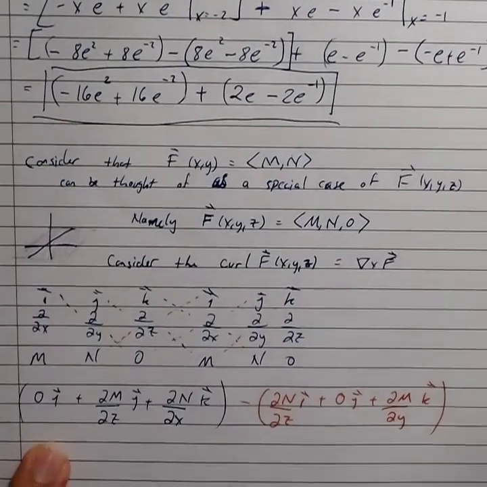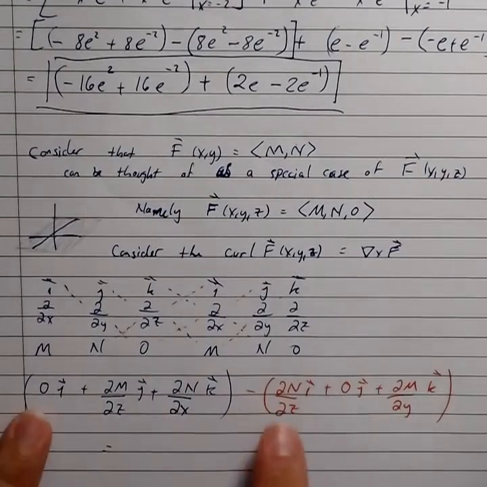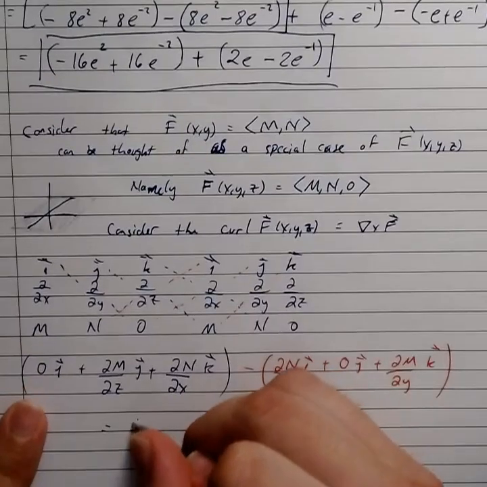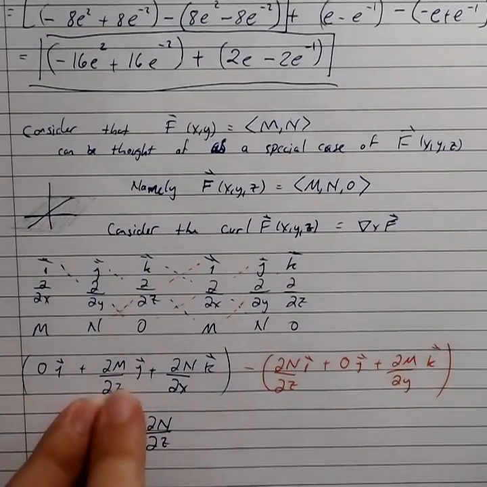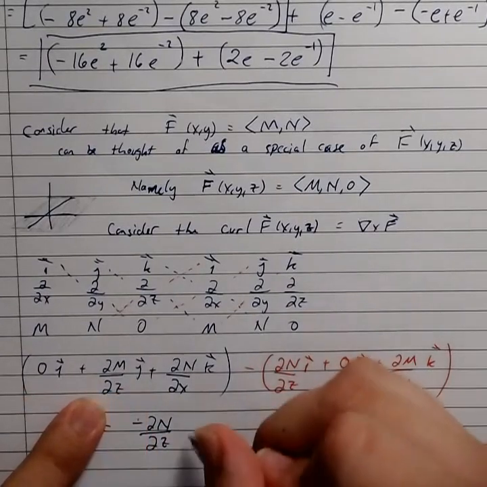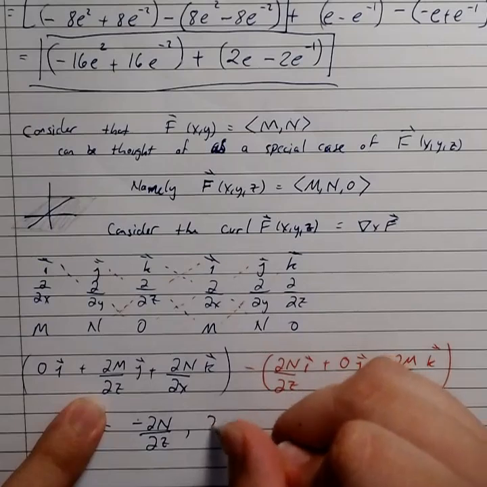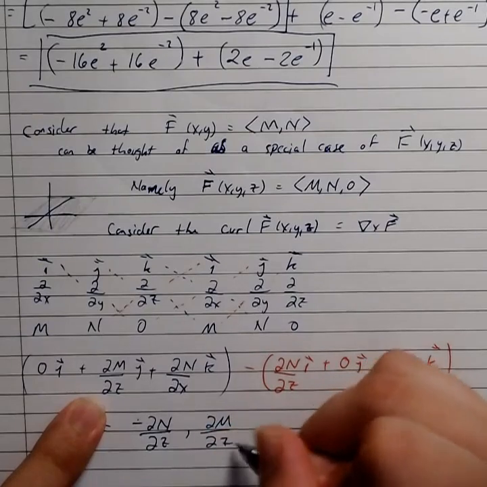So now when I put these together, that's going to give me 0 minus del n del z as my first component, so that'll just be negative del n del z. Del m del z minus 0, so that'll give me positive del m del z.